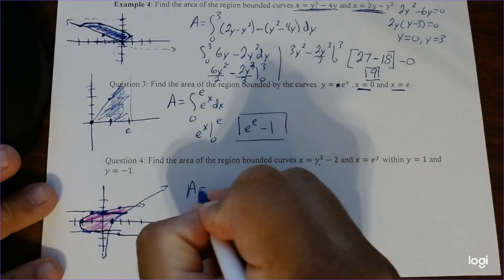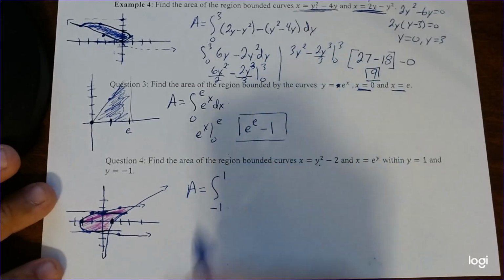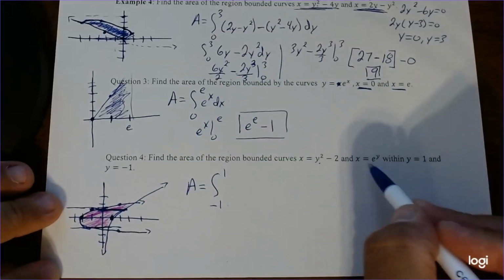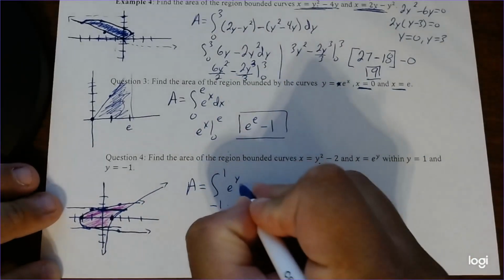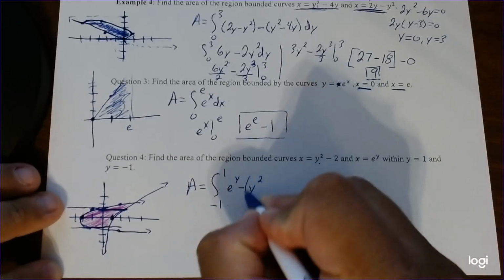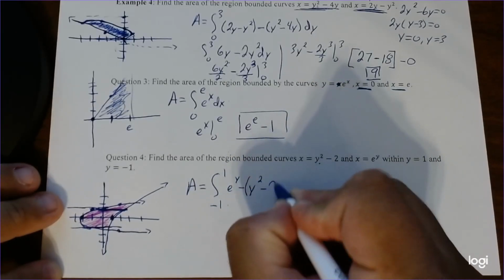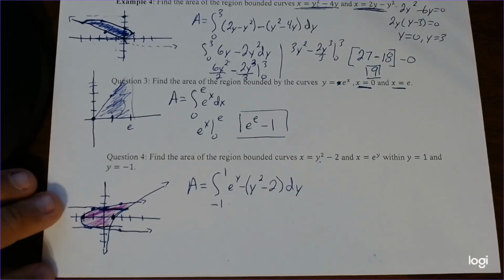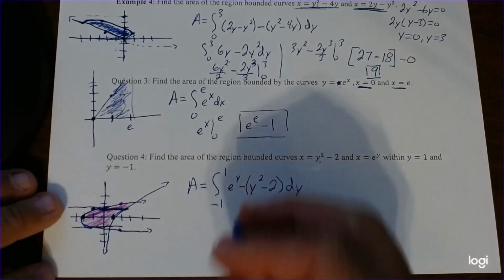So it's going to be the integral from negative 1 to 1 of right minus left. So the right one is e to the y minus the left one, dy. All right, and just integrate as normal.